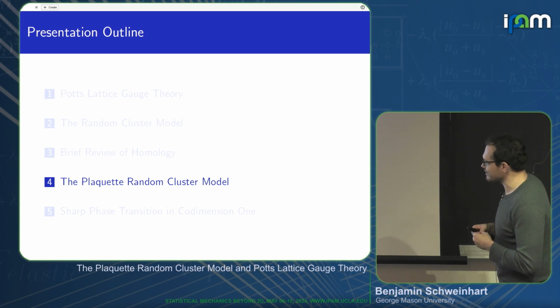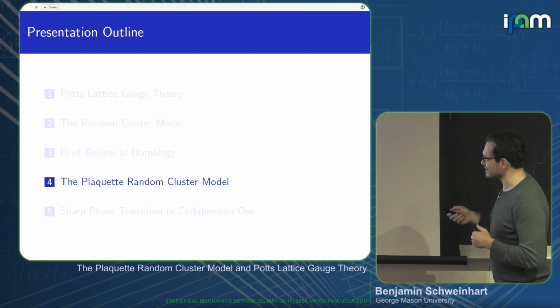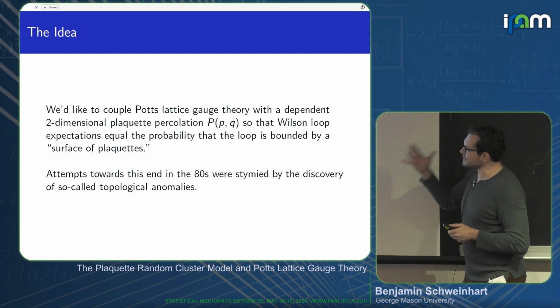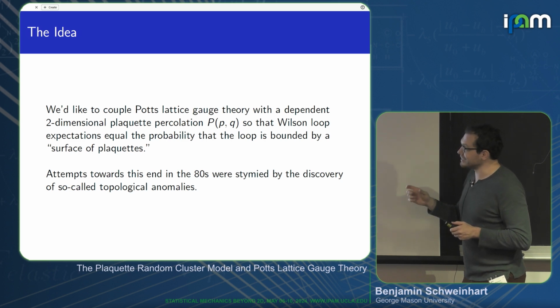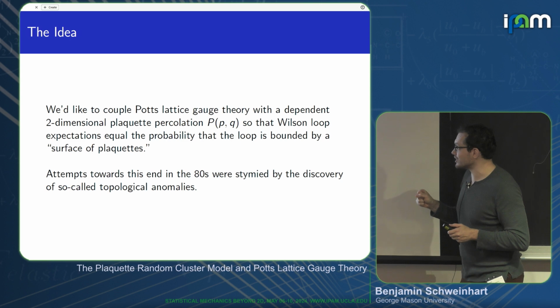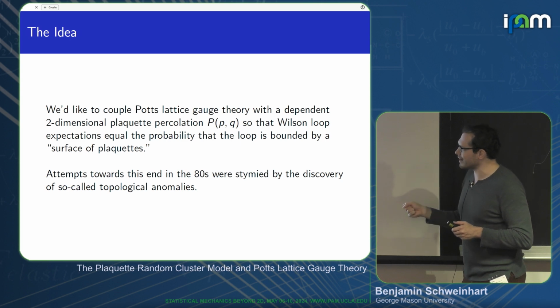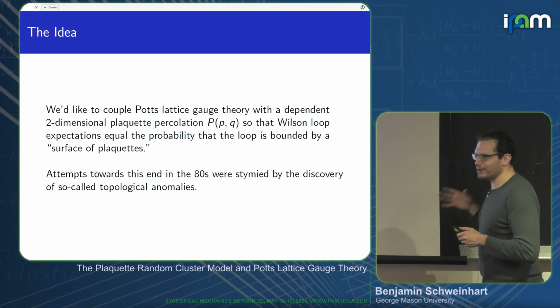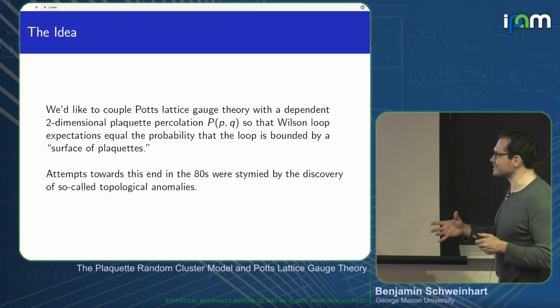Good? All right. Finally, with all that technology, I can tell you about the cell complex representation of Potts lattice gauge theory. To restate our goal, we'd like to couple Potts lattice gauge theory with a dependent two-dimensional plaquette percolation so that the Wilson loop variable expectation is the probability that the loop is bounded by a surface of plaquettes. And we are not the first people to have tried to do this.